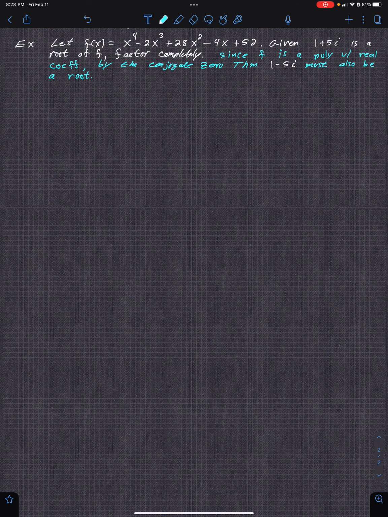Okay, so then find all zeros and factor completely. So what we're going to do is use synthetic division. So these are kind of the steps. Use synthetic division to reduce the polynomial by 1 degree.